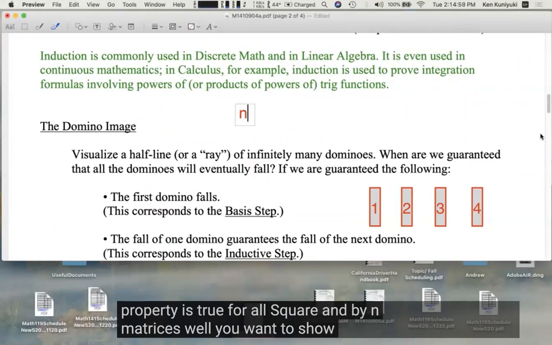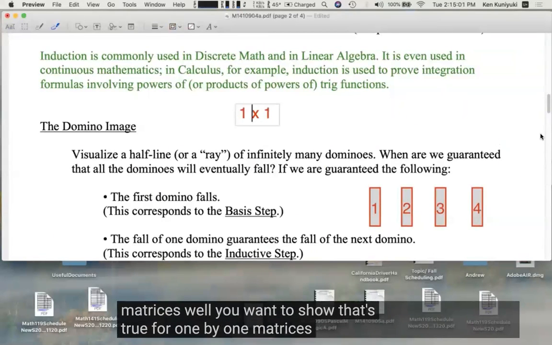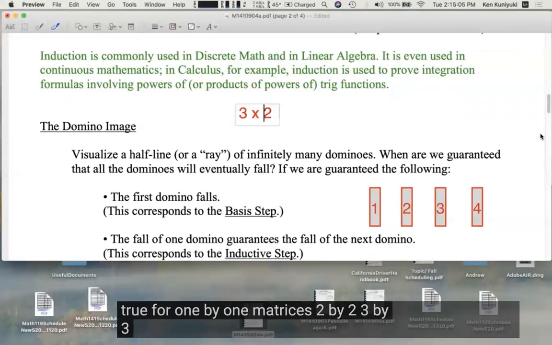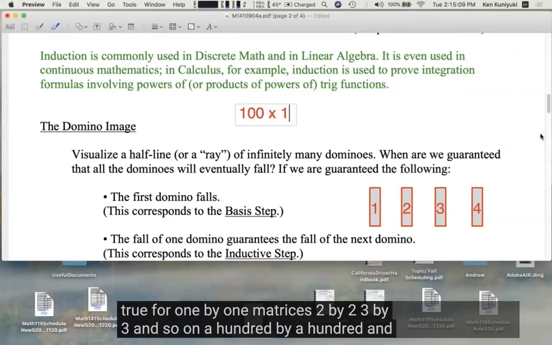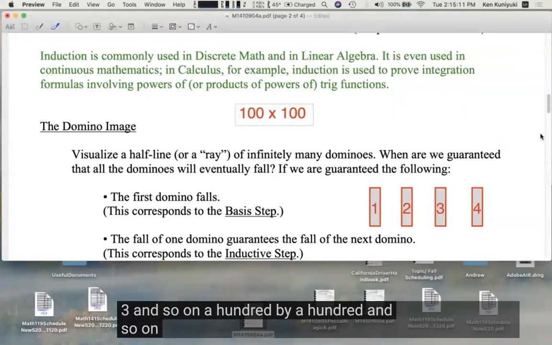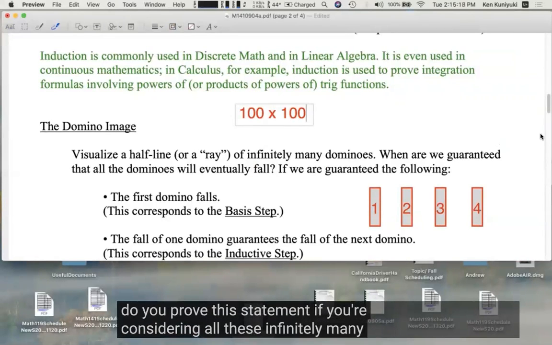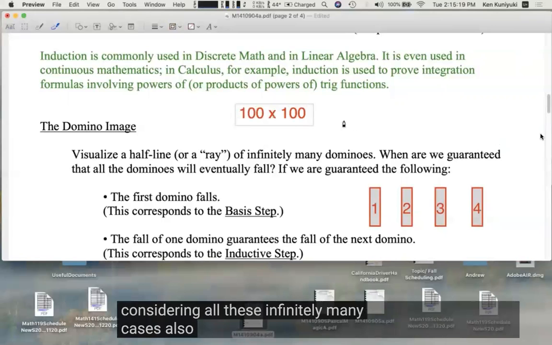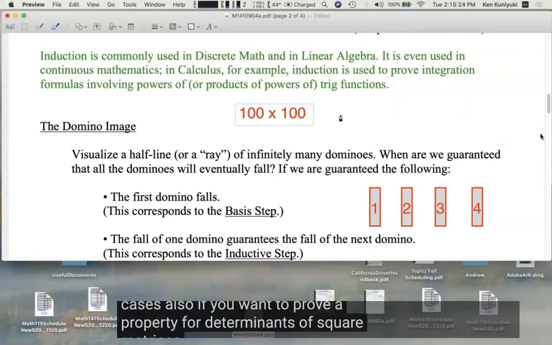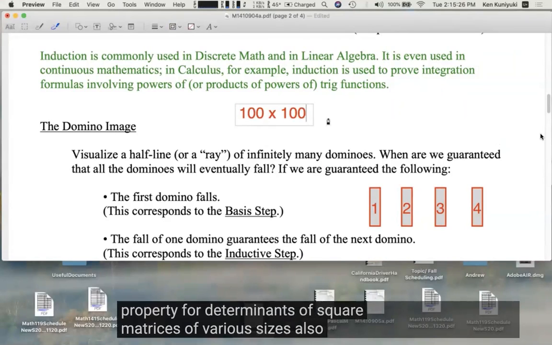You want to show that it's true for 1 by 1 matrices, 2 by 2, 3 by 3, and so on, 100 by 100, and so on. So how in the world do you prove this statement if you're considering all these infinitely many cases? Also, if you want to prove a property for determinants of square matrices of various sizes.